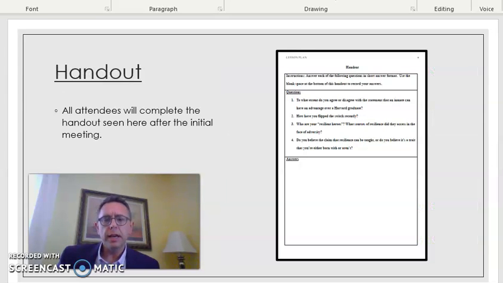The next thing that is part of this lesson plan that you need to know about is the handout that would go home with teachers when the period was over. At our school, teachers are all placed into PLC groups, or professional learning community groups, and they have a period during their day that is their professional learning community period.